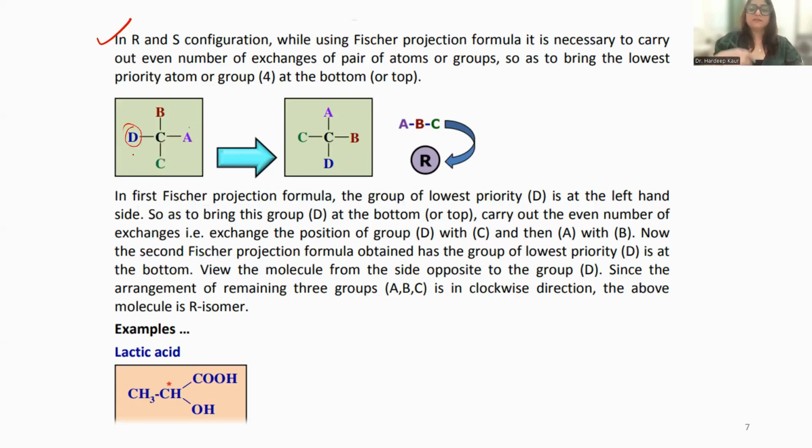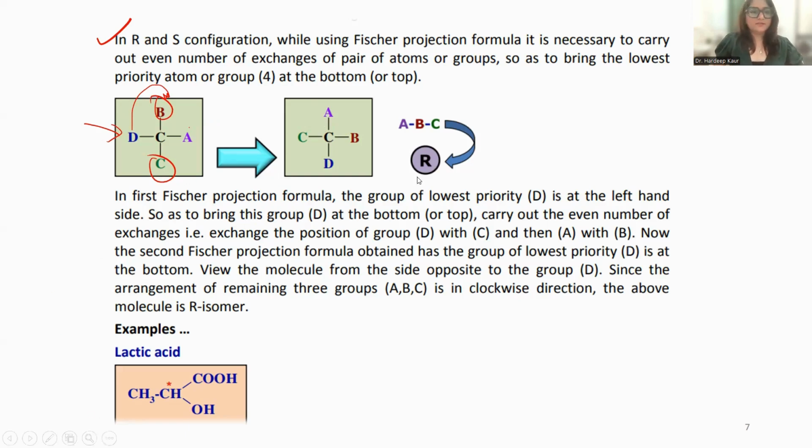D is the lowest priority group, but it is not at the bottom or the top. So we have to rotate the molecule like this so that D can go to the top or bottom position.